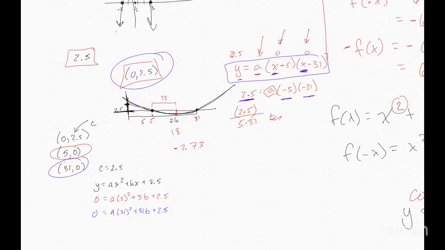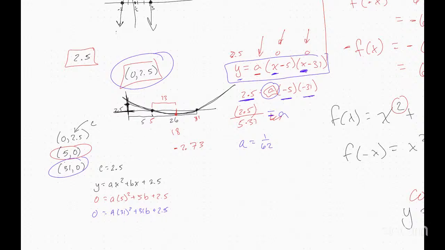I just plugged that through my calculator, and that's 1/62. 2.5 is 5 halves, so the fives cancel. So then we have y equals 1/62, (x minus 5)(x minus 31).